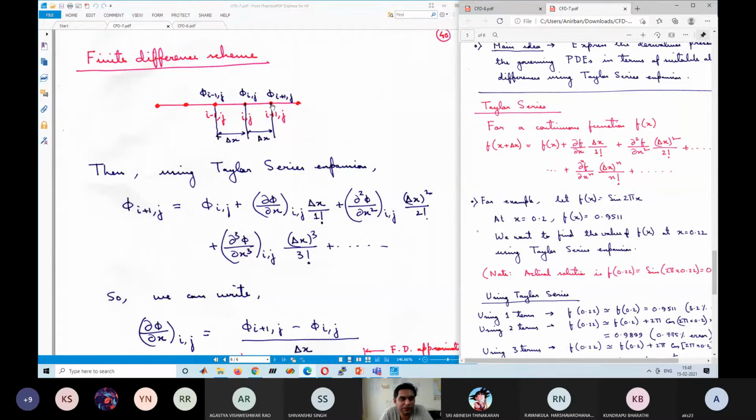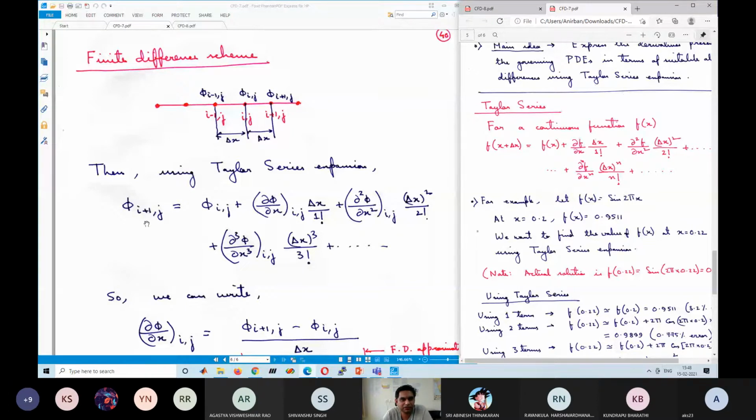The function value at x plus delta x, in this case, is phi I plus 1 comma j. This is the value of the variable at x plus delta x, and it is equal to the value at point x, f of x, which is phi ij.